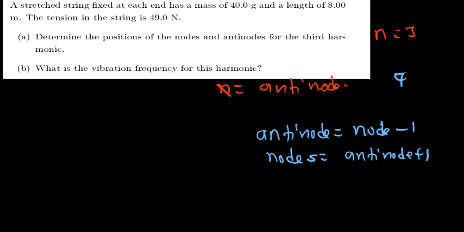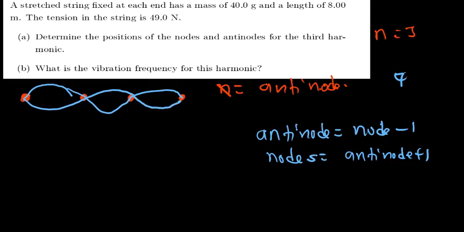So let me put it here. We're going to have 1, 2, 3, 4. So if I've got 4 nodes, I expect to have 3 antinodes. So now this is node, node, node, node.